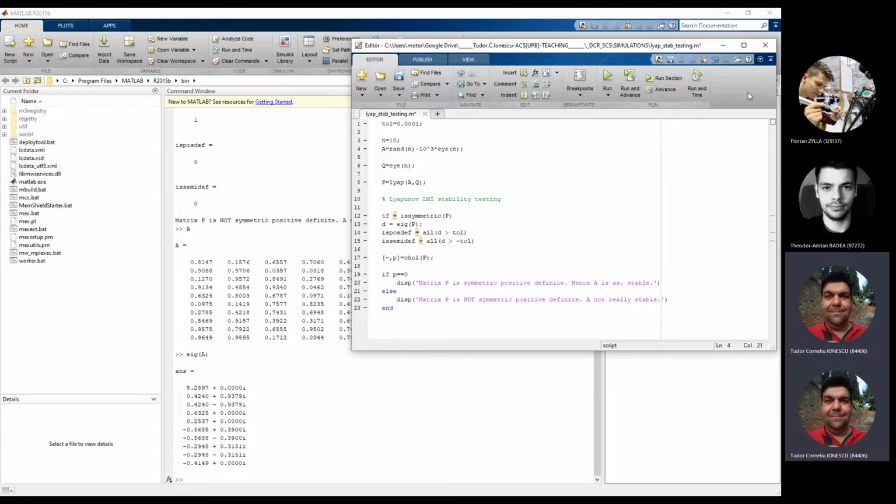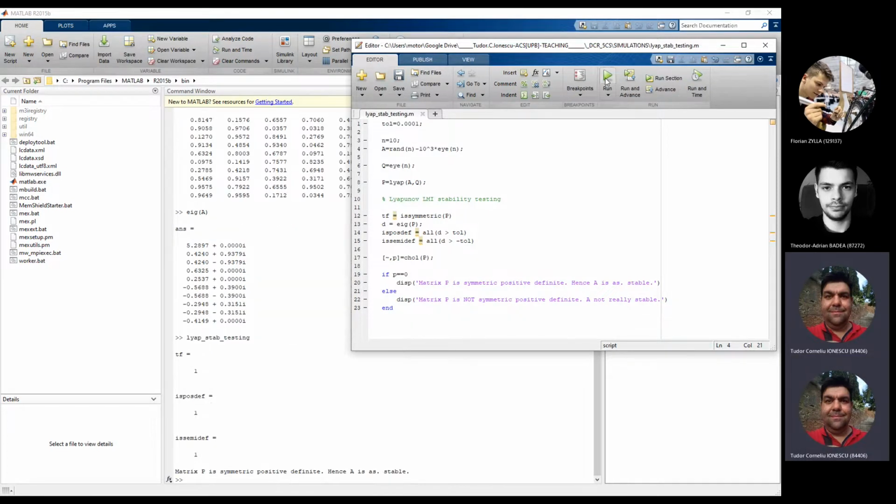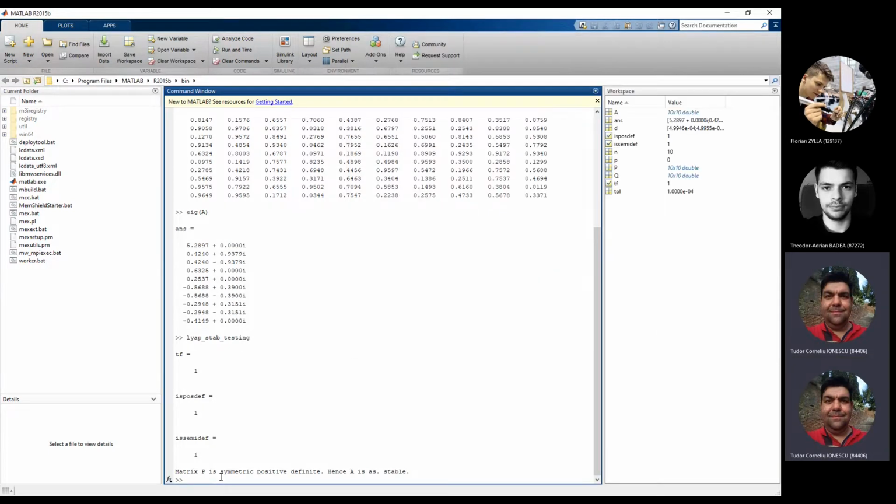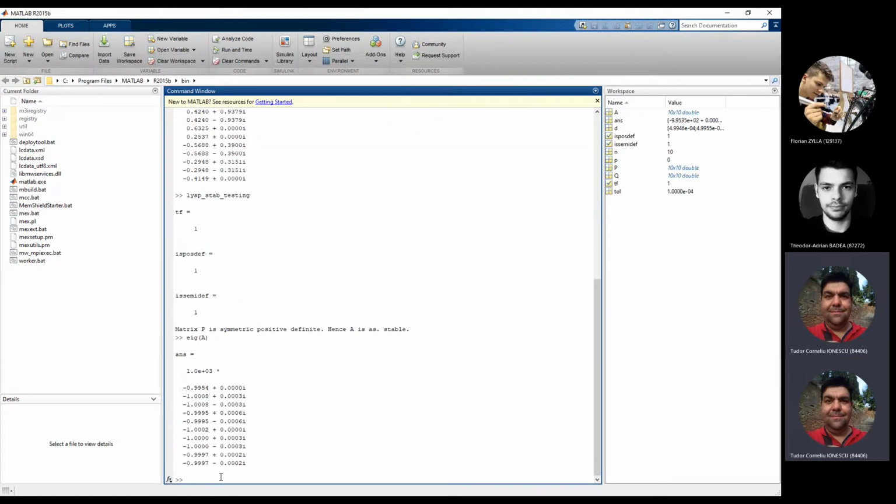I'm trying to force a stable matrix. It is asymptotically stable this time. You see? The same test on A. Yes, indeed. Look, it's very, very stable.